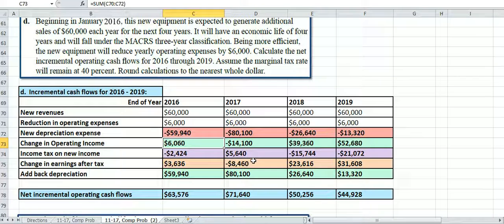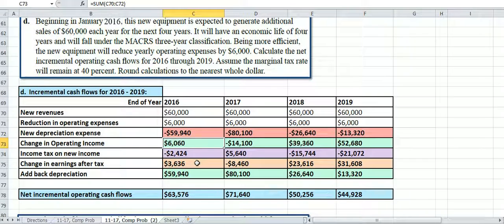And then you can see we have our change in earnings after tax. Here we're subtracting in years 1, 3, and 4, and in year 2 we actually add this in, so our change in earnings after taxes here is actually less negative than our change in operating income.